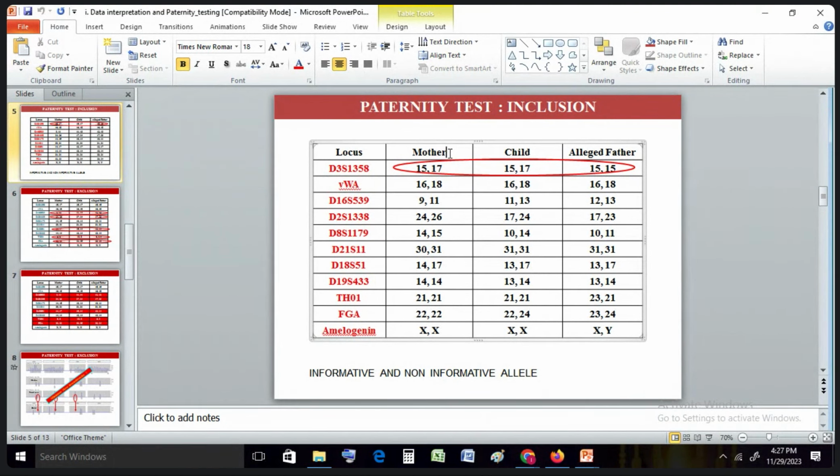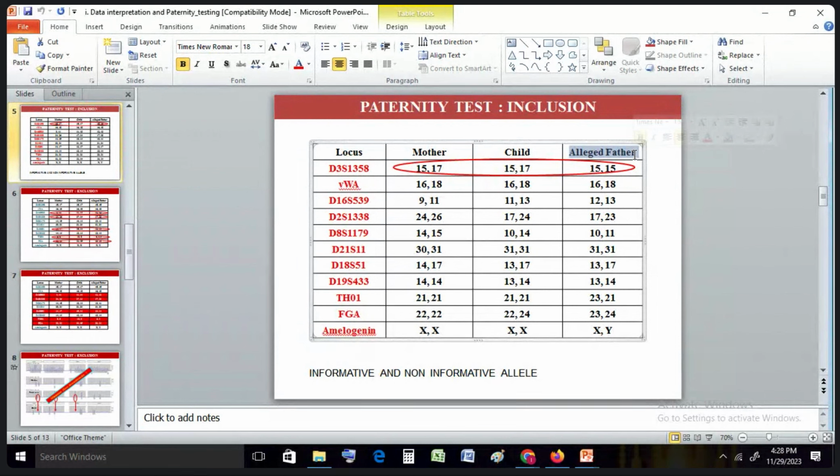As you know, one biological parent must be there. This is the biological parent, in this case the mother. This is the children. And this result is for an alleged person. It must be a male, which is a suspect as a father.